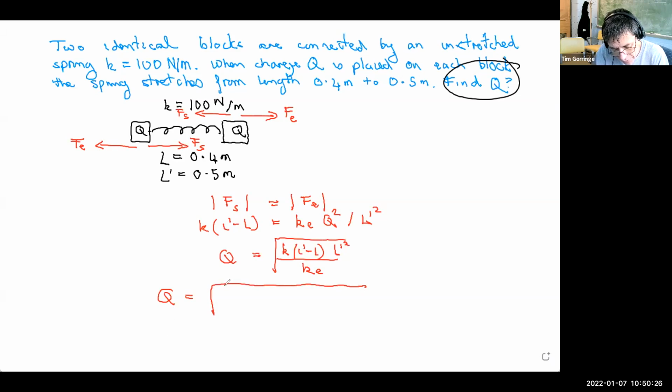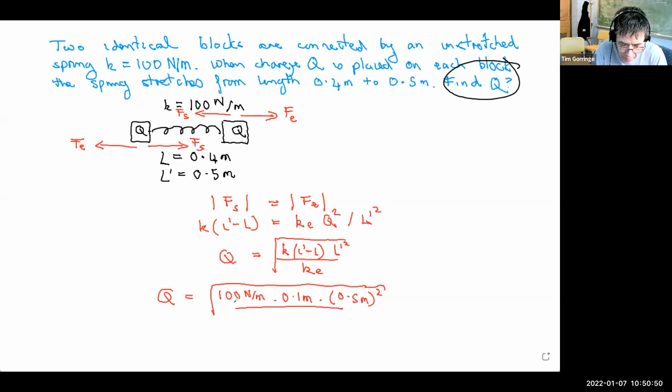So the spring constant is 100 newtons per meter. The amount we stretch the spring is 0.1 meters. The final distance between the two blocks, that's 0.5 meters. Let's square that.